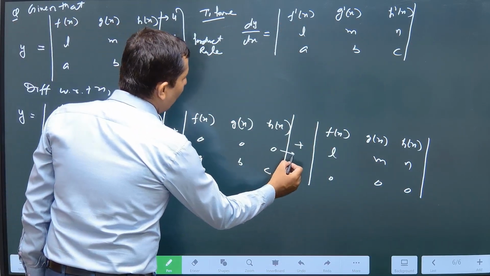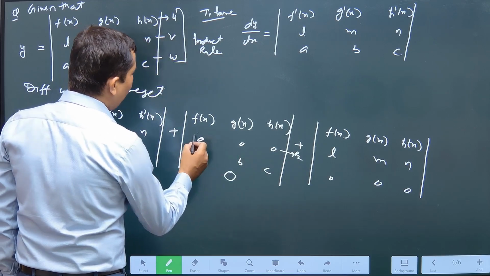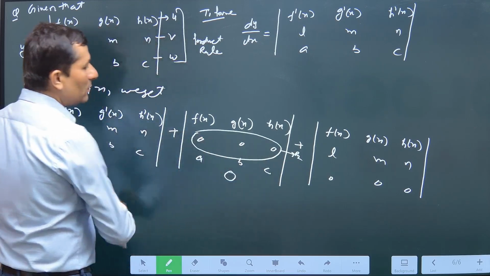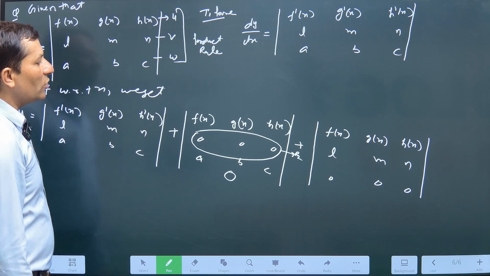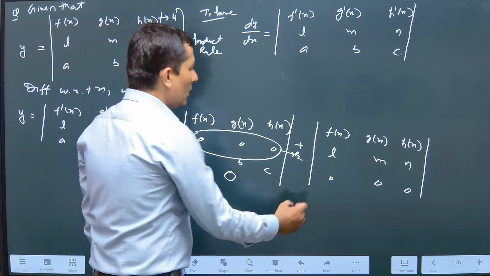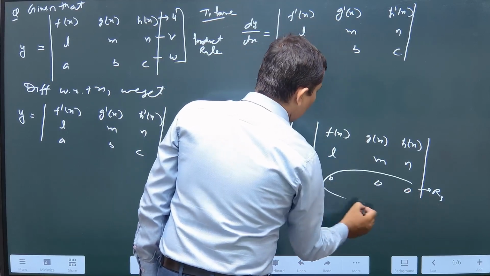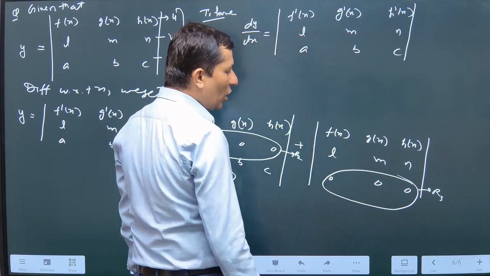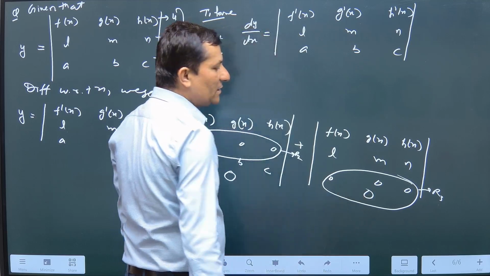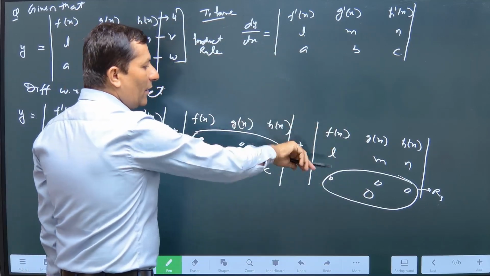When you expand according to R2, the complete result is 0, because R2 is 0, 0, 0. Expand according to R3, all elements of R3 are 0, so its result is also completely 0. The last two determinant values are equal to 0.